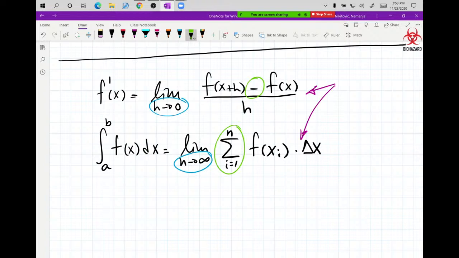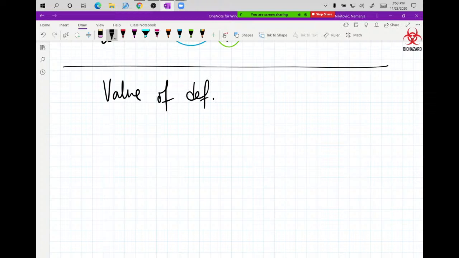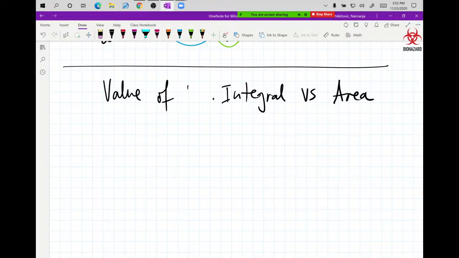Okay, the last part that is left for us to discuss here is part 1, where we say value of definite integral versus area.